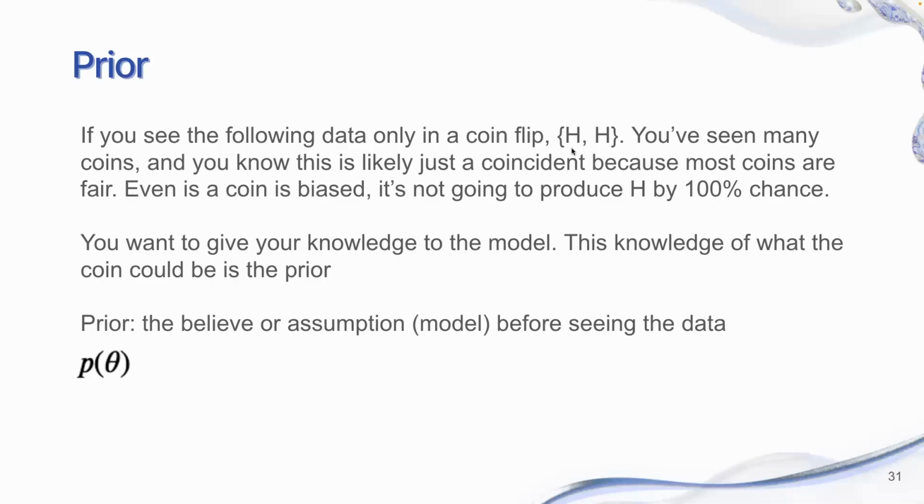So you inject some previous knowledge into the model, saying that most of the coins in the world are fair, and some of them are biased, but none of them land on heads with 100% certainty. We define this term as P of theta. It's just your belief or assumption before even seeing the data, so that's what you know beforehand.